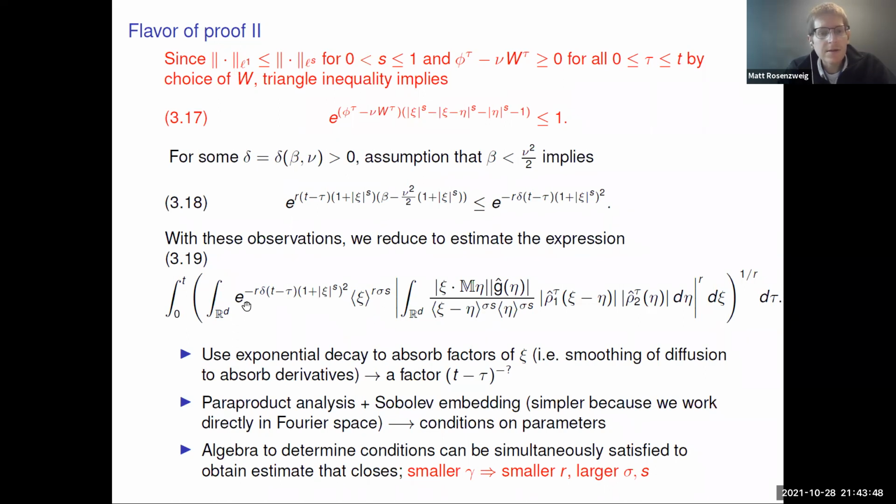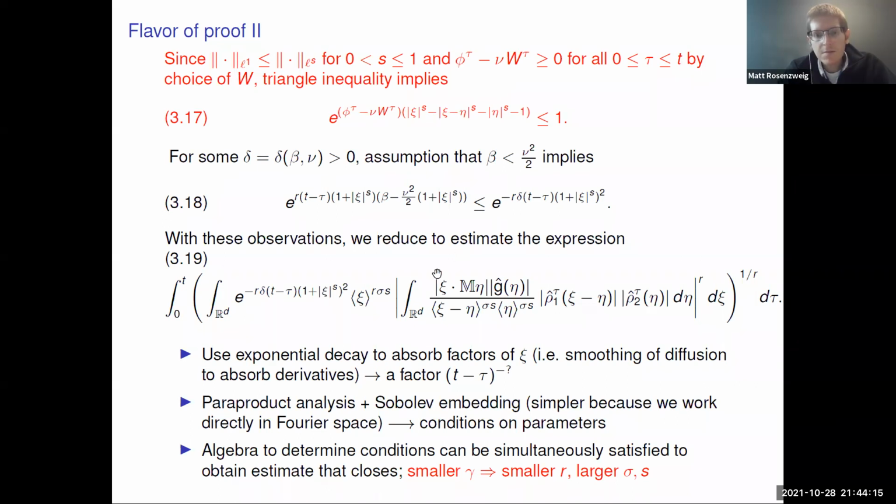So you want to use this exponential decay to absorb factors of xi, which correspond in physical space to using the smoothing effect of the diffusion to absorb derivatives. And this will give you some factor of t to the minus tau raised to a negative exponent, which I'm not going to write here. The important thing is that the size of this exponent has to be less than 1 in order to get something which is locally integrable in time.